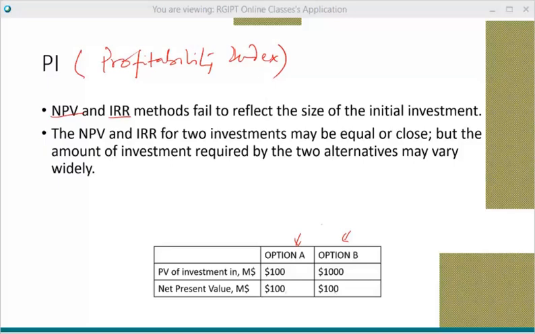So NPV does not take that into account. But the thing is, you also need to look at what is your initial investment for which you have this NPV, right?